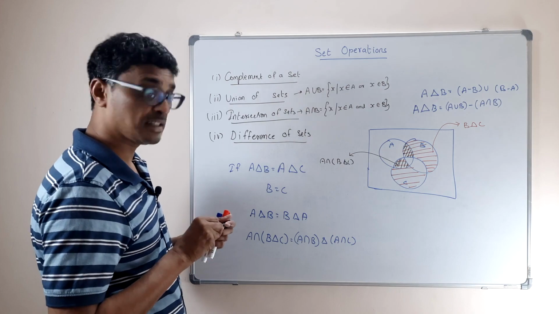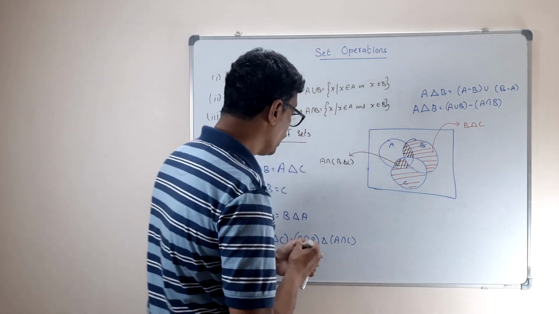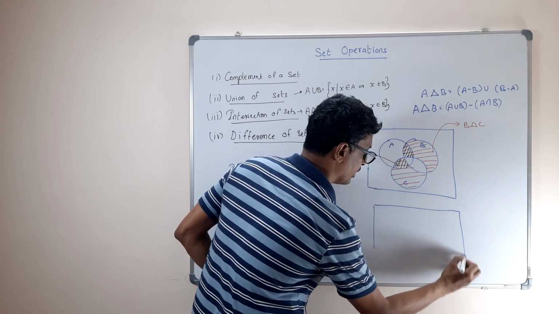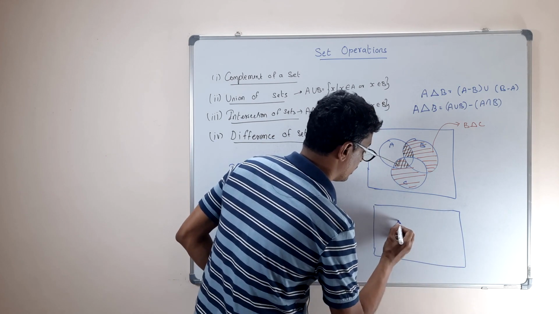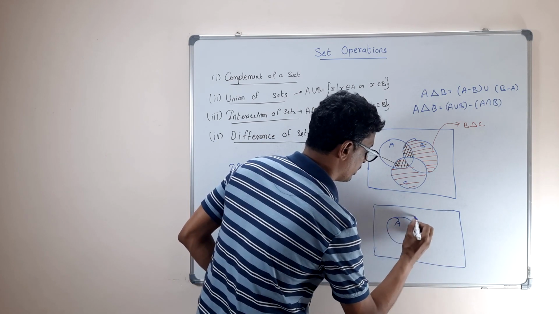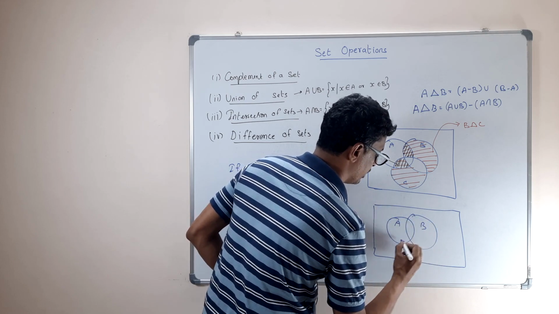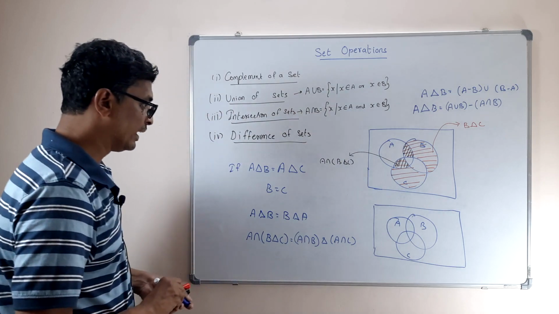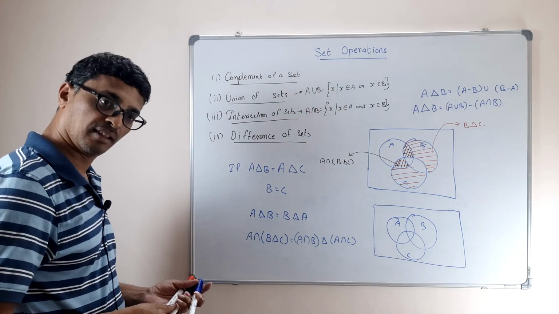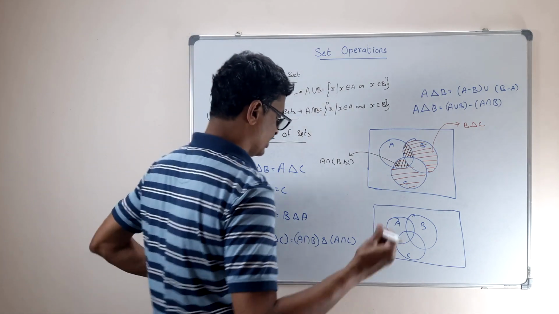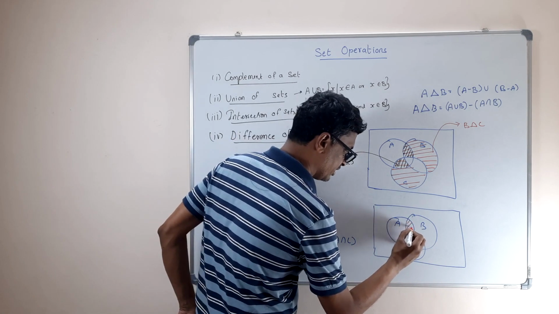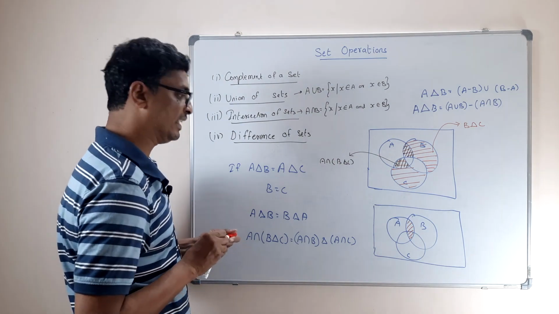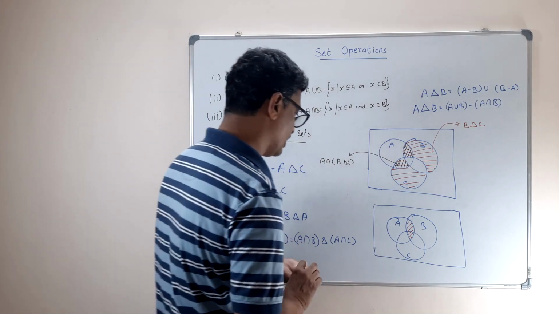Now let us do the RHS. Okay. So what is RHS? Let us try. A, B, and C. So first one is A intersection B. What is it? This portion. A intersection C. So what will this be?